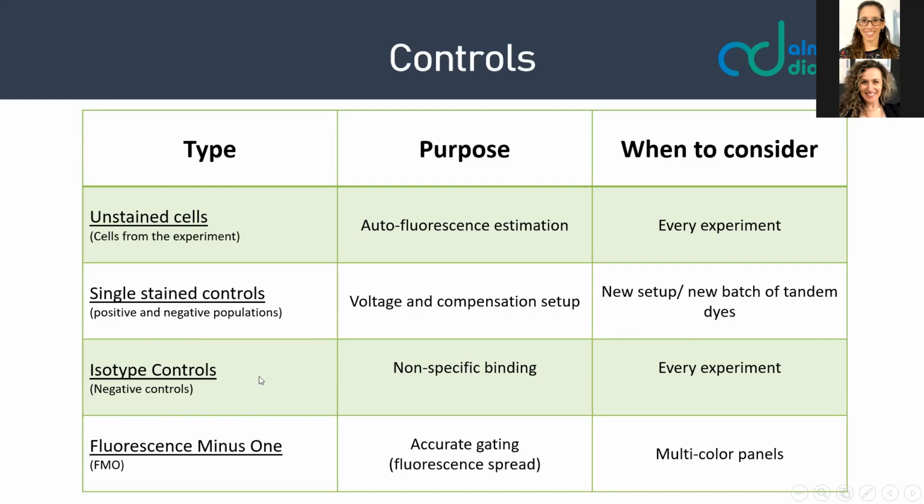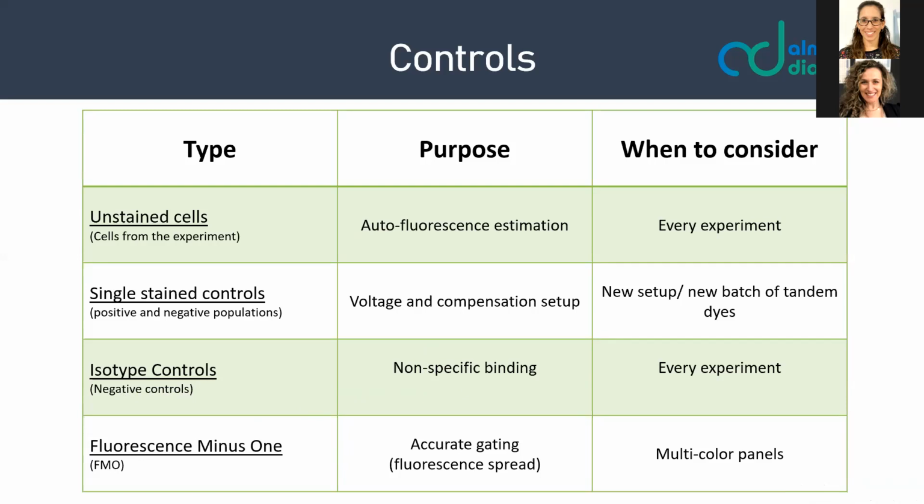Isotype controls and fluorescent minus one controls. These two controls assist us in gating our positive populations. So isotype controls are to control the non-specific binding of antibodies. And the fluorescent minus one controls are very important also for accurate gating, because we can get spread of fluorescent signals even after we compensate our antibody panels.